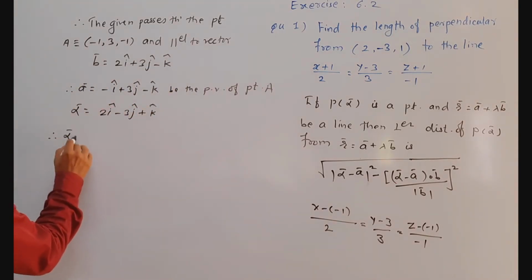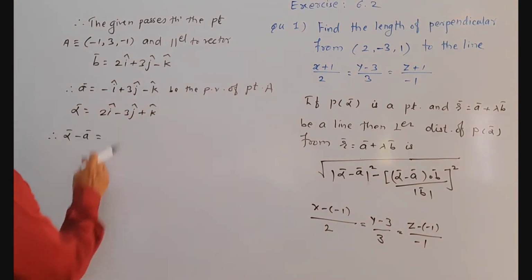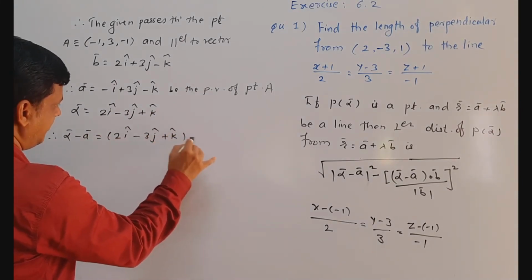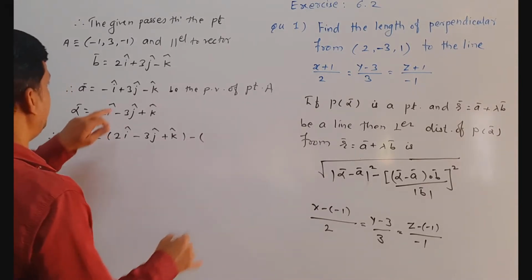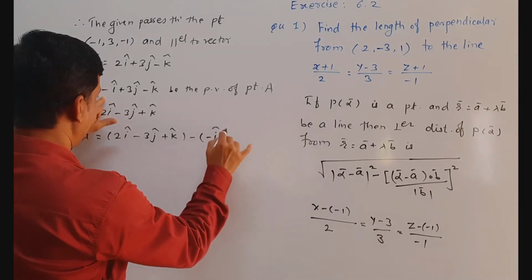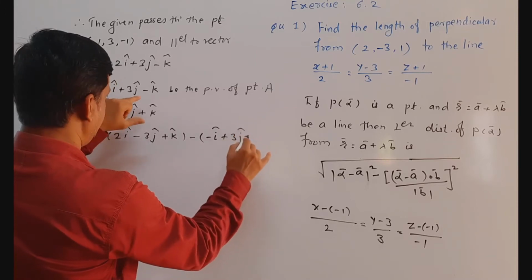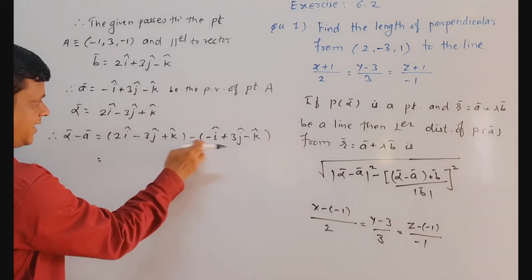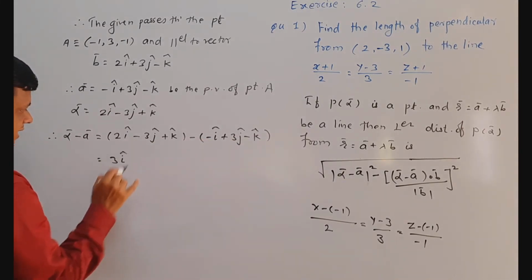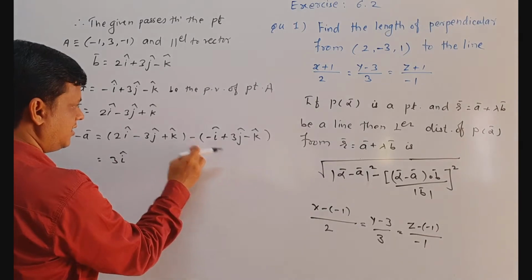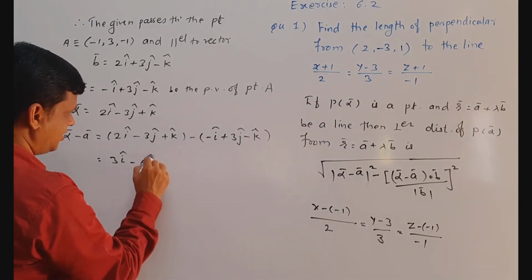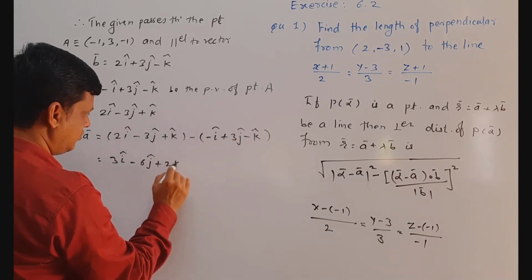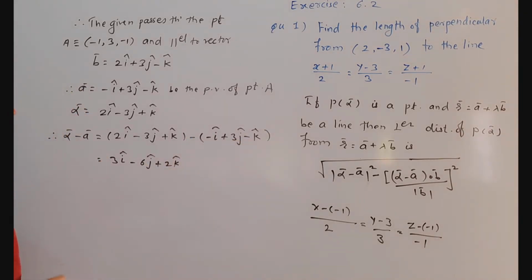Alpha bar minus a bar is equal to 2i minus 3j plus k minus, a bar is minus i plus 3j minus k. This is equal to 2i plus i, that is 3i, minus 3j minus 3j, that is minus 6j, then k plus k, that is 2k. Now this is value of alpha bar minus a bar.